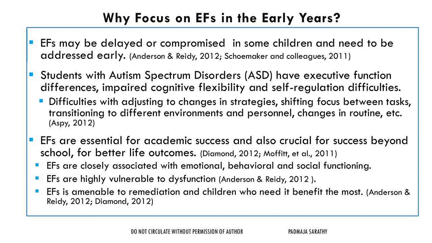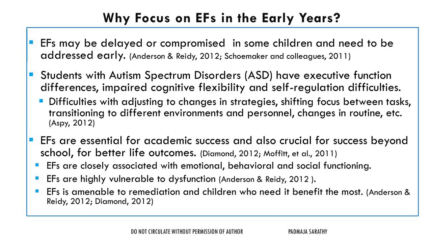I think most of you may be familiar with this, that they have difficulty adjusting to changes in strategies, changes in routines, or transitioning between tasks. All of this may present problems to them, and so they do have a cognitive flexibility issue. And research also tells us that children who grow up in poverty may have some EF difficulties, and EFs are very critical for academic success.